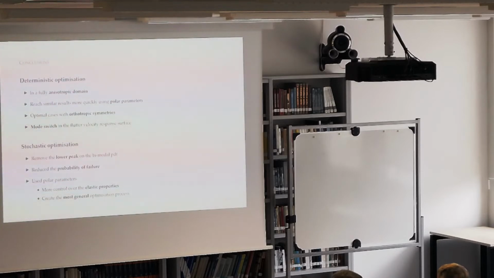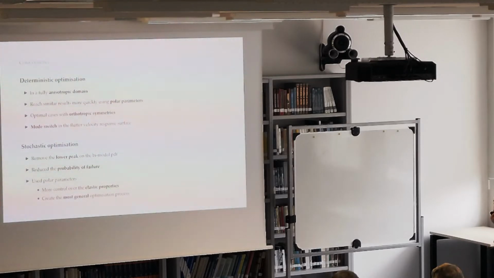So to conclude, I have conducted a deterministic optimization in both fully anisotropic and orthotropic domains. I did it for 3 different geometries, and I retrieved their corresponding stacking sequences, but we saw that we have this problem of mode switch that exists for all of our optimal cases. And this is why we decided to conduct a stochastic optimization while taking into account the parametric uncertainties.